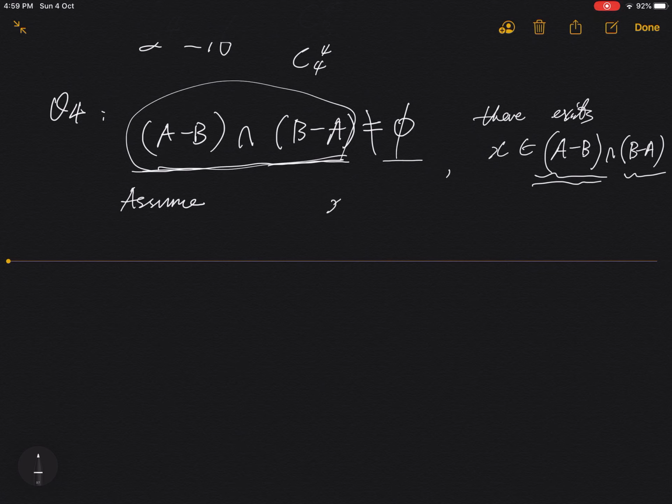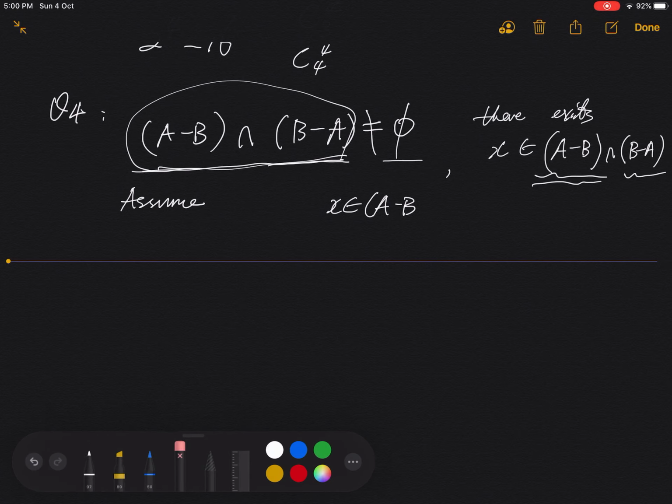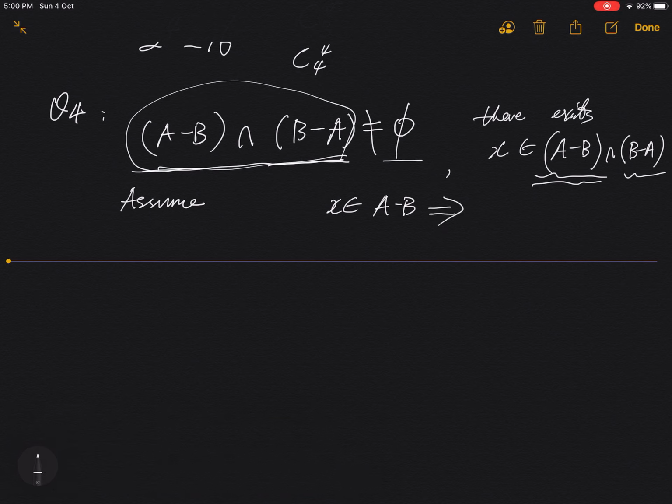For the situation X is in A minus B, this means X is inside A, right?